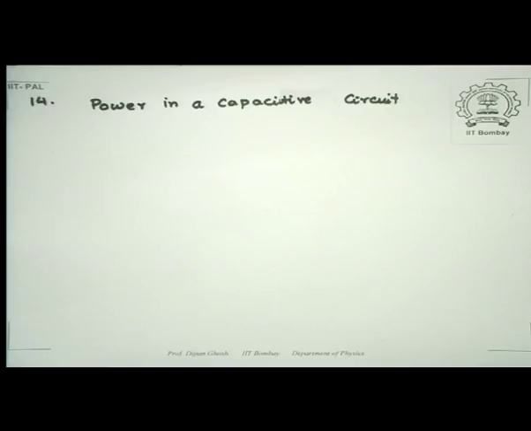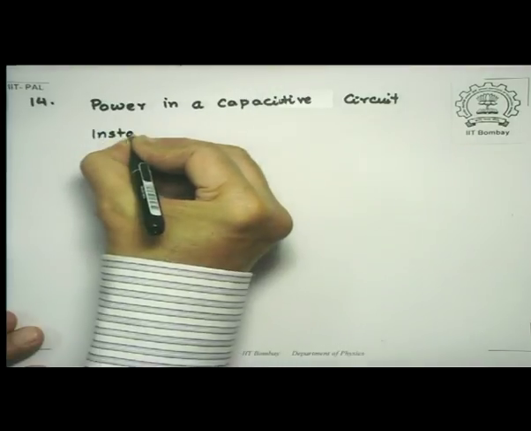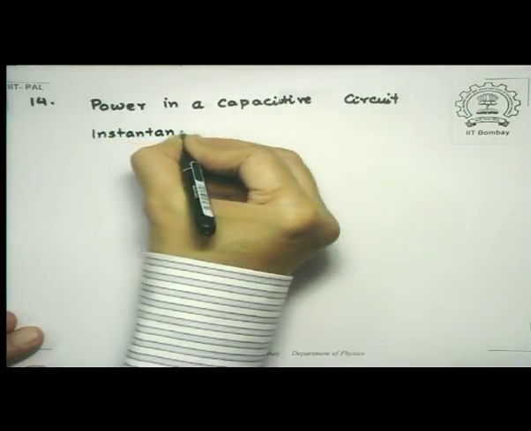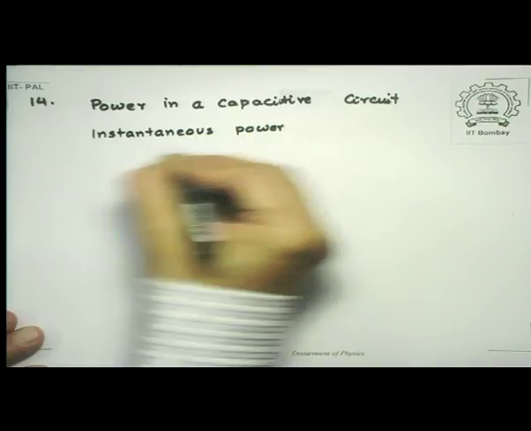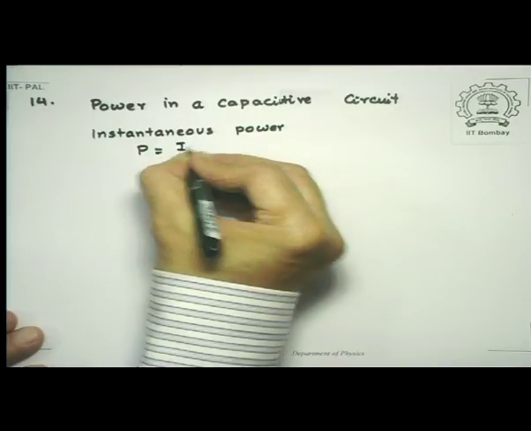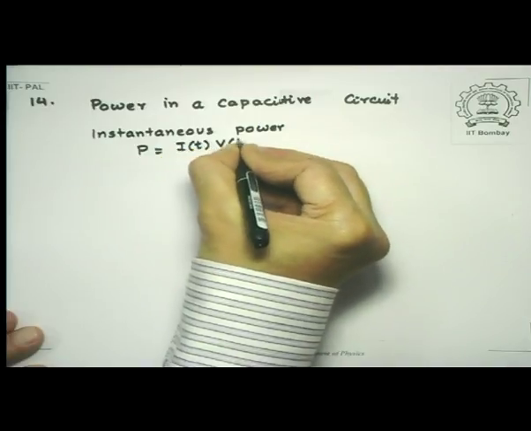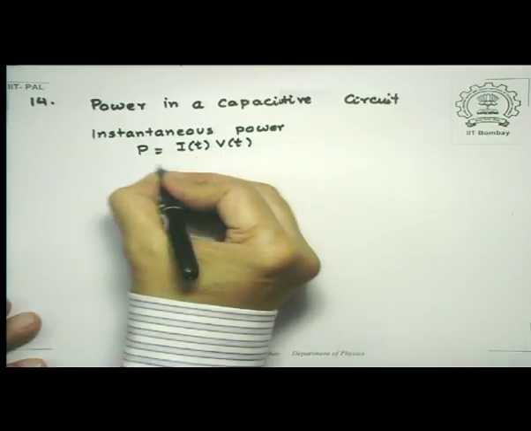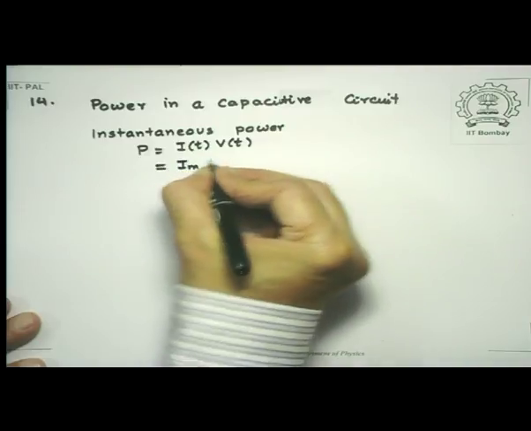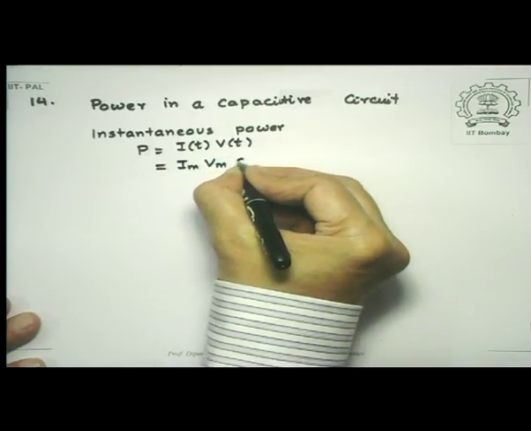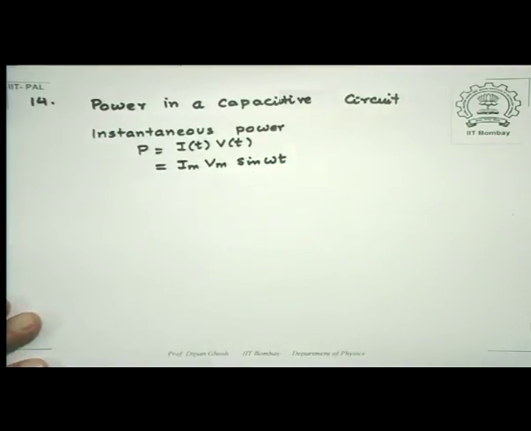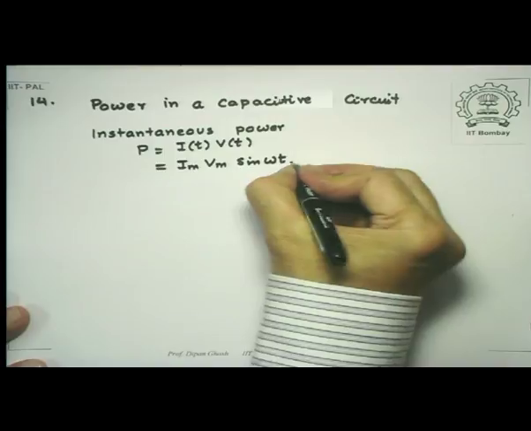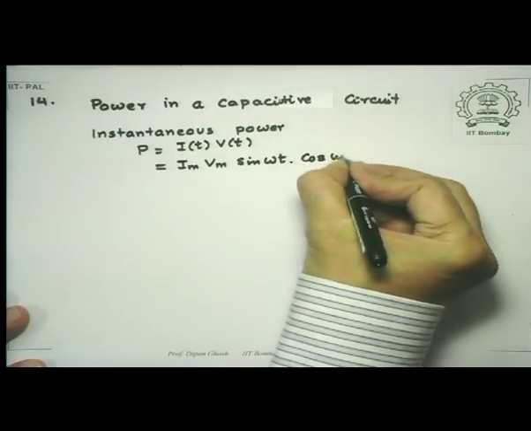So my instantaneous power, that's equal to I(t) into V(t), and that's equal to Im Vm. I had sine omega t multiplied by sine of omega t plus pi by 2, which is the same as cos omega t.